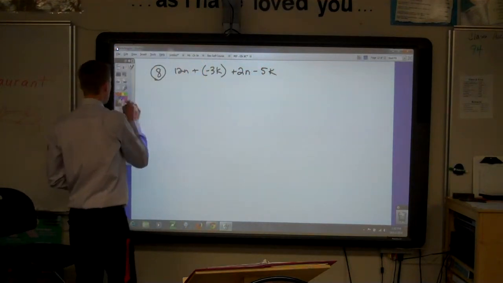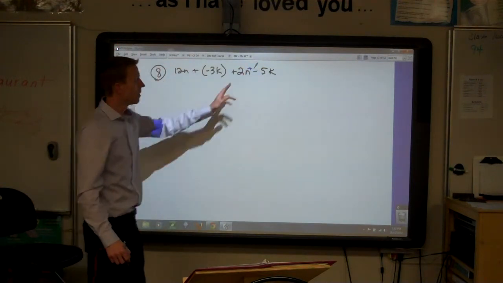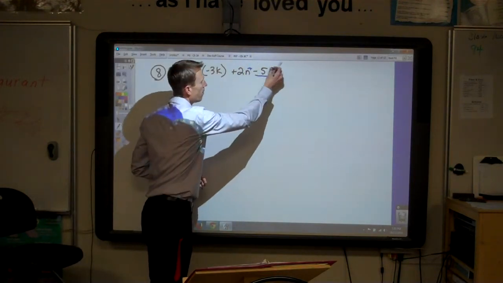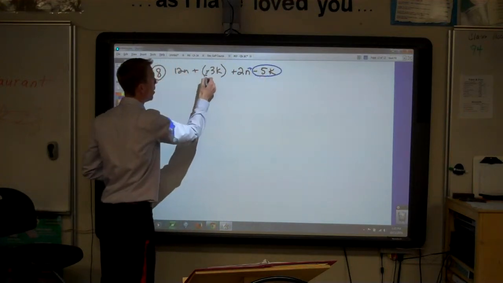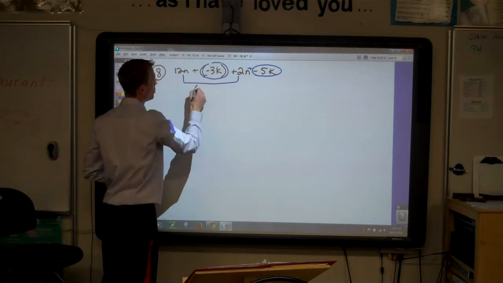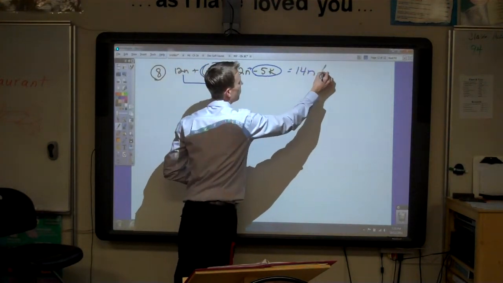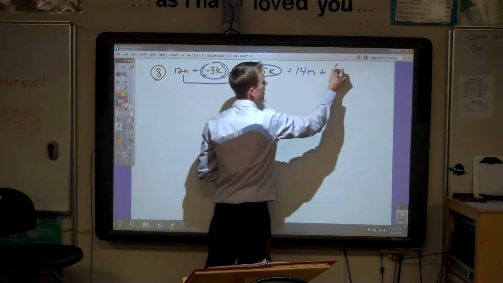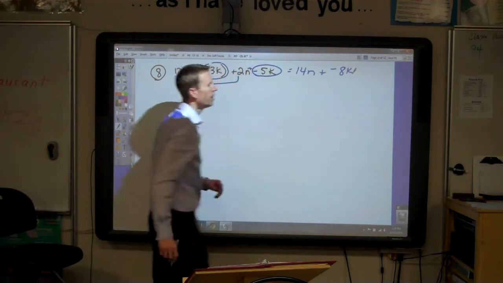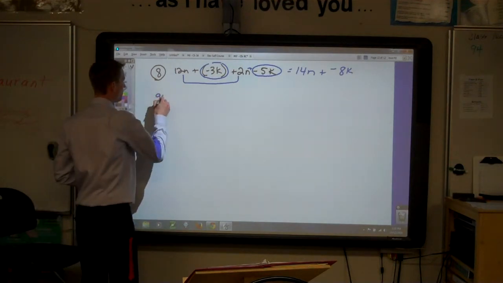Now, right away, you should see, oh, I need to put a plus sign in there to make this plus negative 5k, and then we can see, oh, these are like terms, and these two are like terms, so we've got 14n plus negative 8k. Number 9.